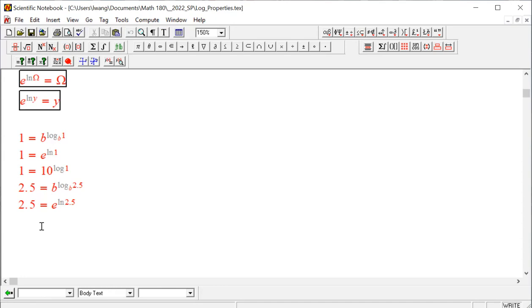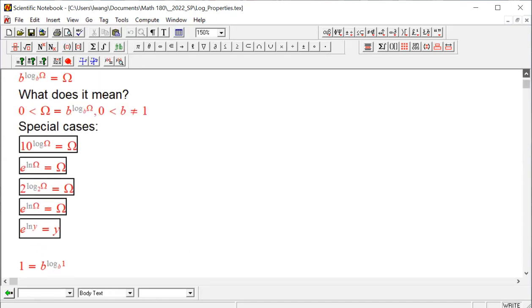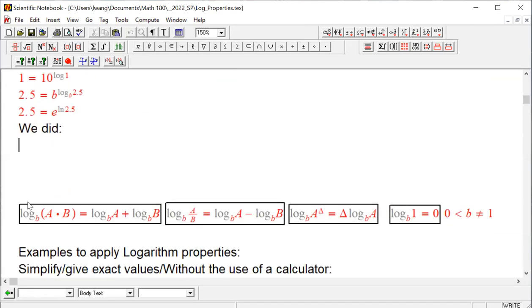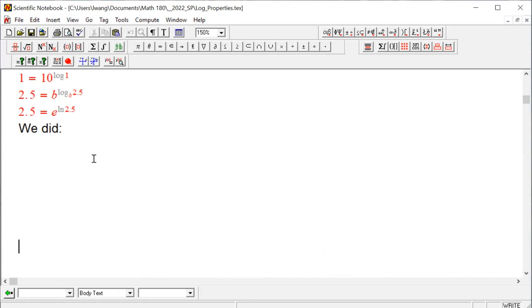Now, what we did before, we did the following. This property can also be seen from the other perspective, which we did before. We do this because it's very important for you to understand this aspect.